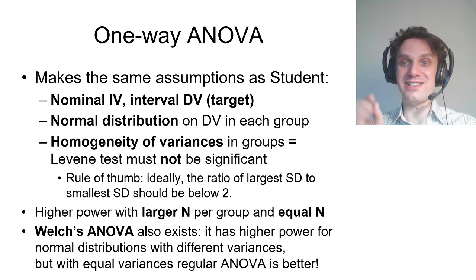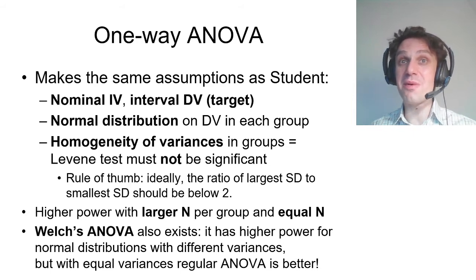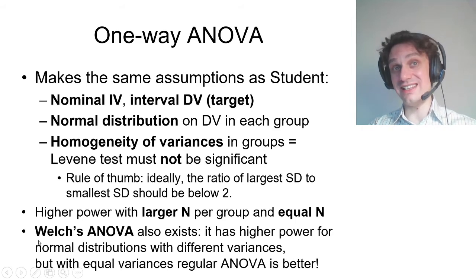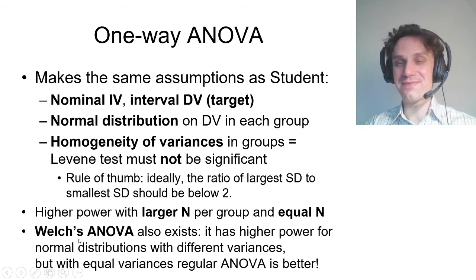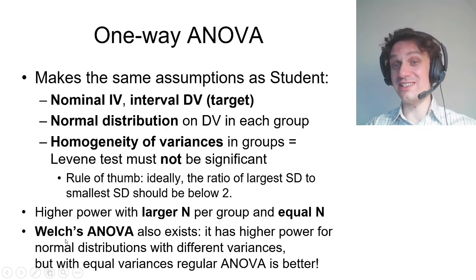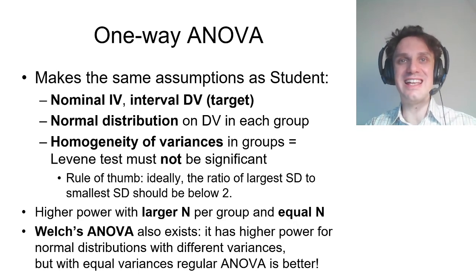If you see a larger difference in standard deviations between individual groups that you're comparing, then probably you need to be careful and you need to use a variant of ANOVA which does not assume equal variances. And such an ANOVA also exists, and it is also called Welch's ANOVA. In SPSS there is another version which is called Brown-Forsythe, which is another type of adjustment for unequal variances.